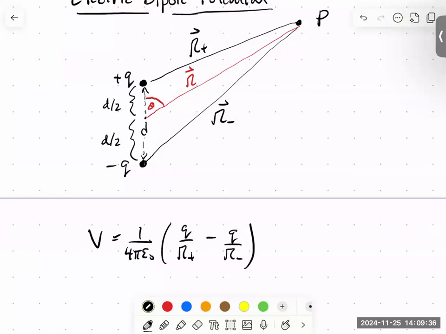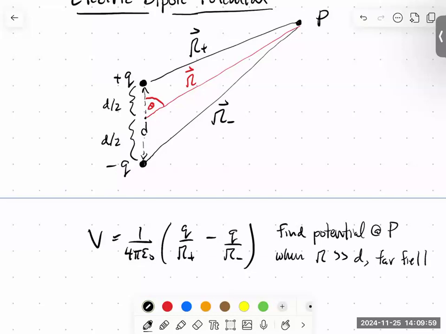Specifically, say script R is much bigger than D. So let's find the potential at P when script R is much bigger than D. This might be called the far field case: the fields far away from the source of those fields.